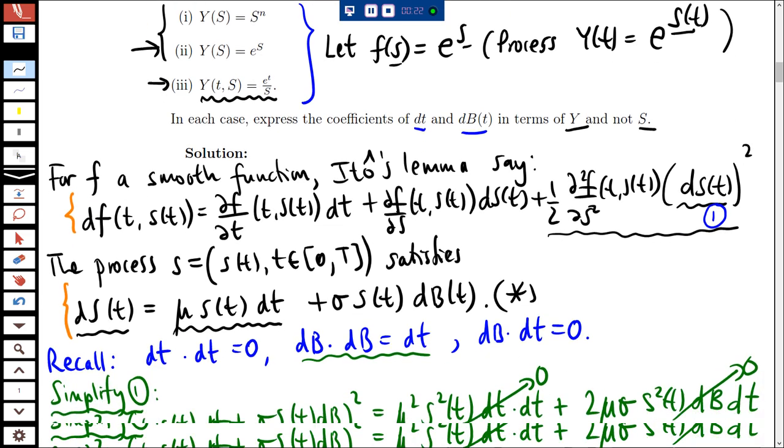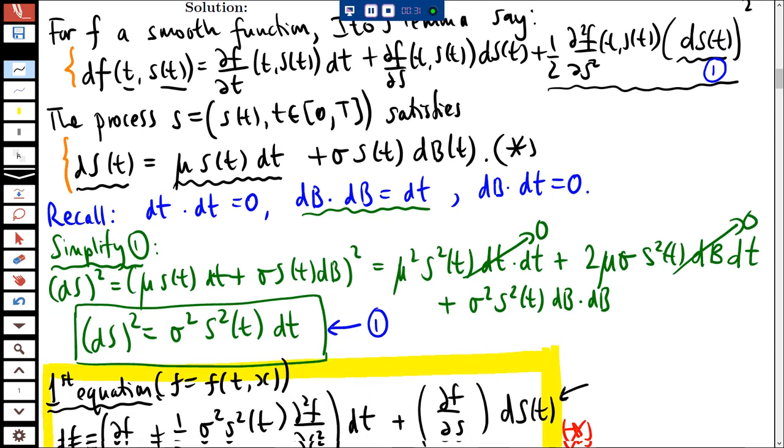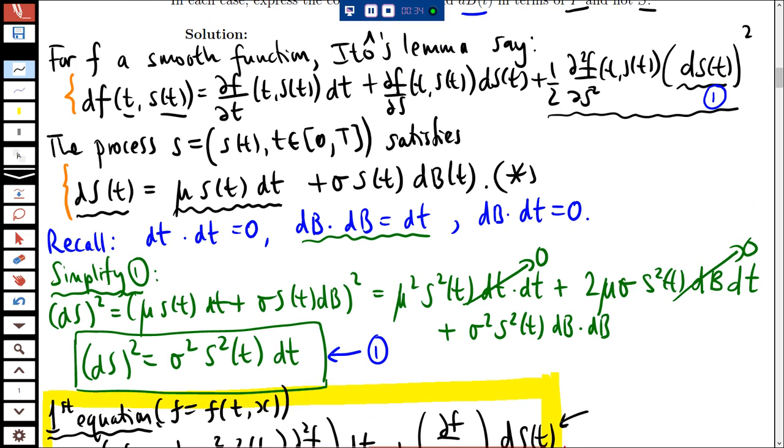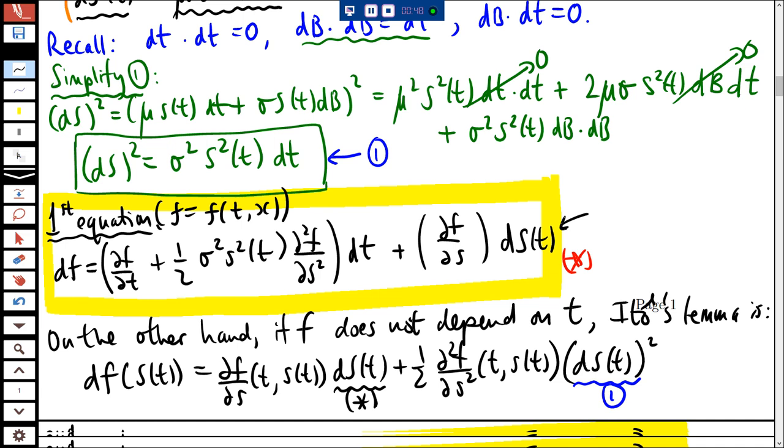So a quick catch up on what we did in the last video. We stated Ito's formula for two variables, s and t, which we need in this situation. And we know that S follows a geometric Brownian motion, which is the start equation here. So we squared this and dropped it in to simplify matters, and we derived this equation.